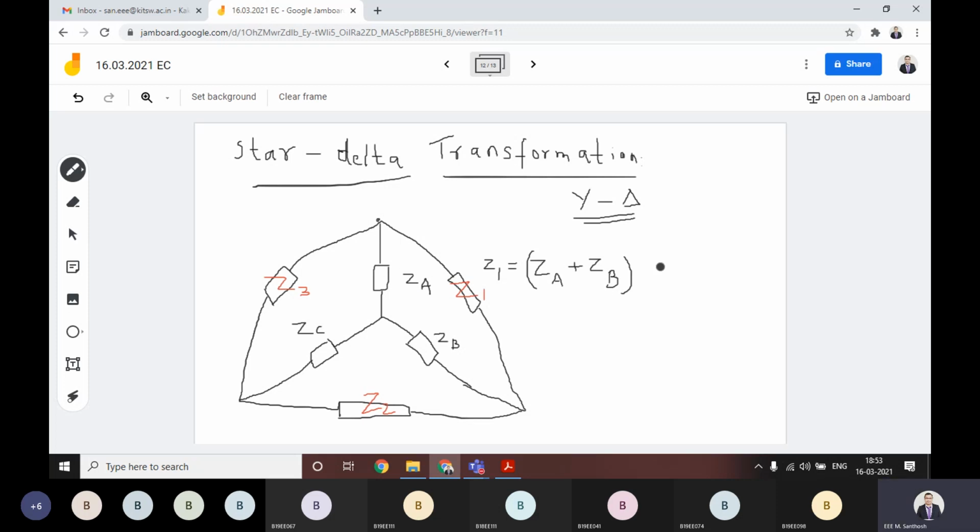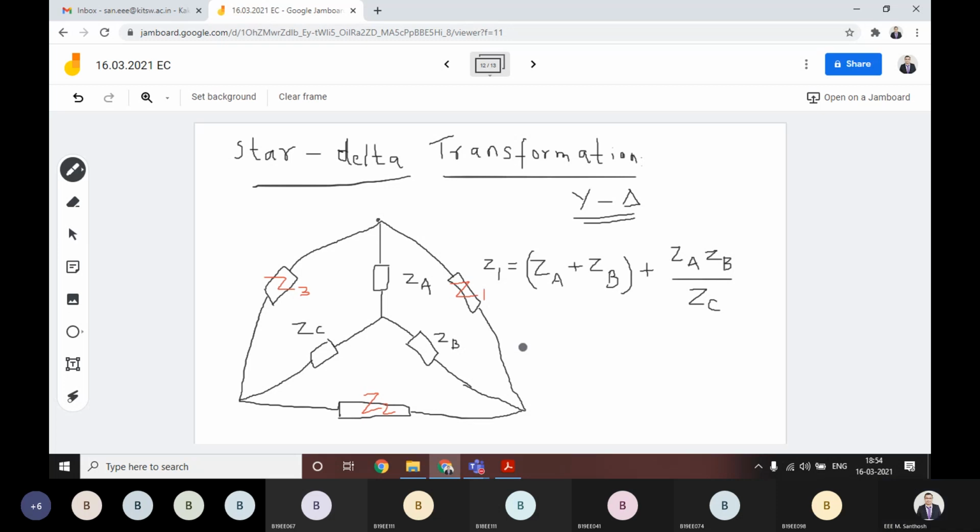We have to add ZA plus ZB, then multiply the same ZA and ZB, divided by just the opposite value of the impedance, ZC. That means ZA plus ZB plus ZA into ZB by ZC will give you the value of Z1.